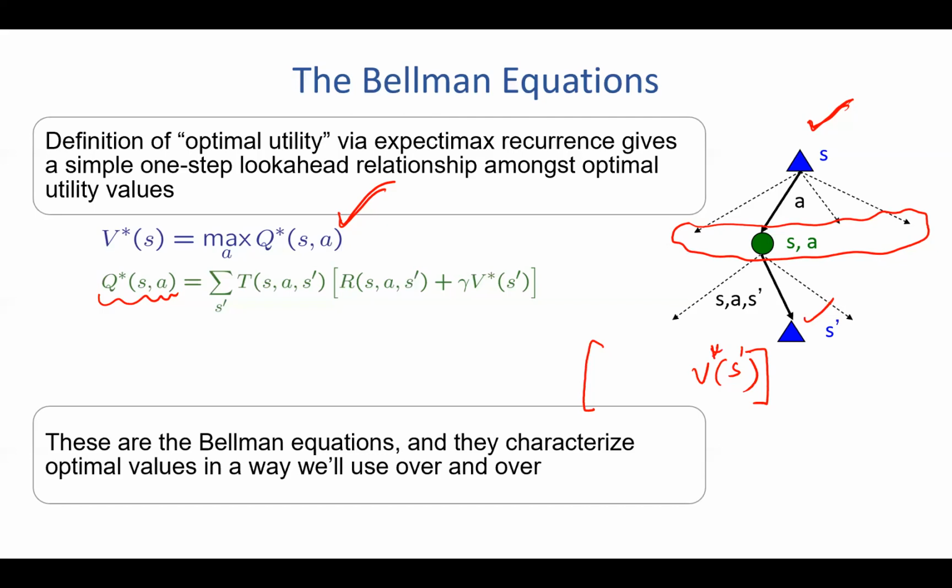But you're not sure where the environment is going to throw you, right? So you have to average it over the transition matrix, right? You have to average it. And this exactly is expectimax. We're just simply calculating the average, right?